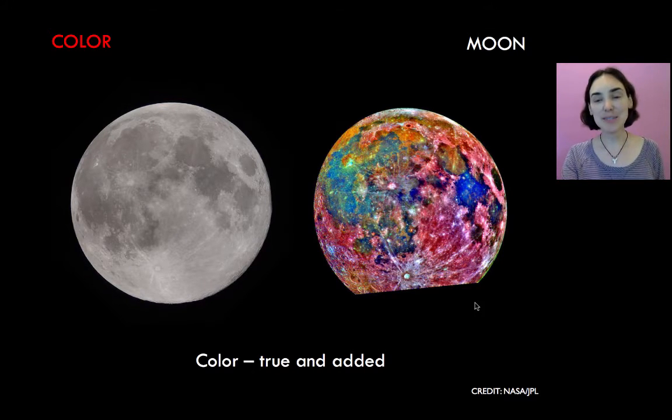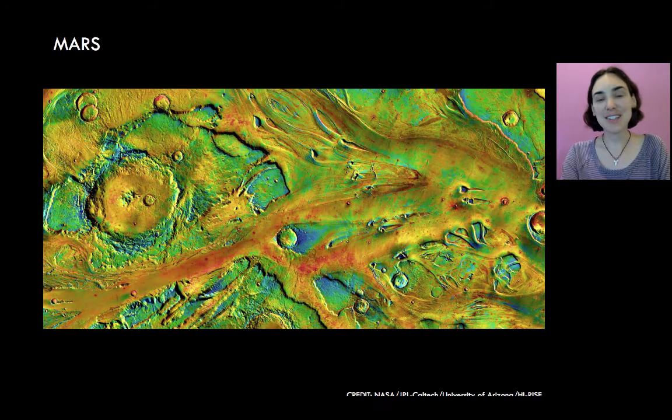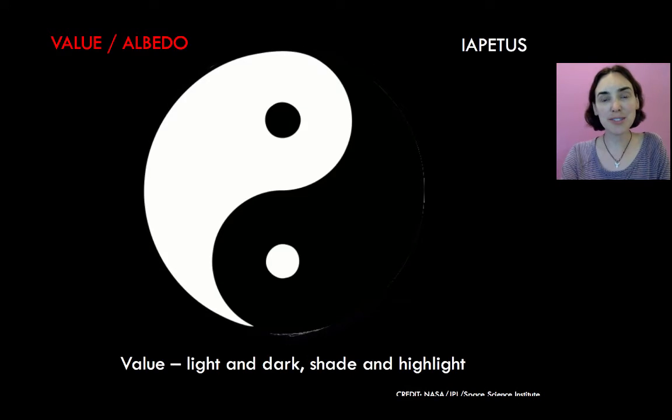Here, this image of the moon uses the different colors to indicate the presence of different chemical elements on the surface of the moon. That has much to teach us about the science of the lunar surface. And here's Mars in false color, again with the different colors showing different elements that are present on the surface, and so you can see some of their distributions.